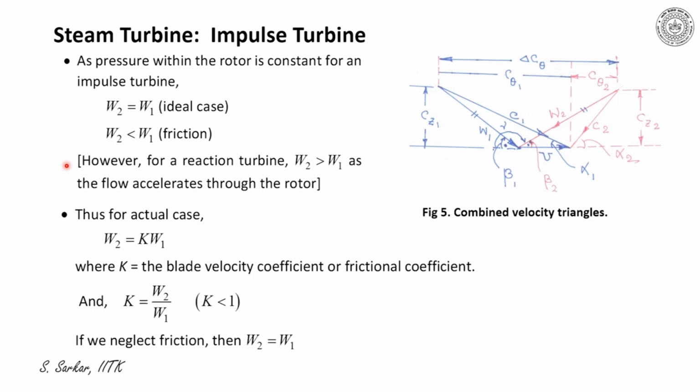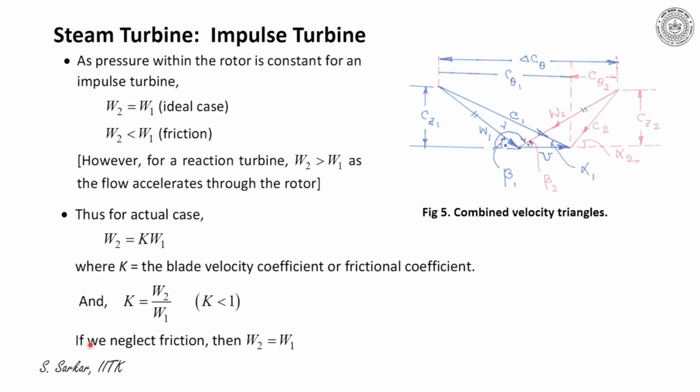Now let us consider the actual case, that is impulse turbine with friction. Then W2 I have represented as K into W1, where K is treated as frictional coefficient, or it is also referred as the blade velocity coefficient.